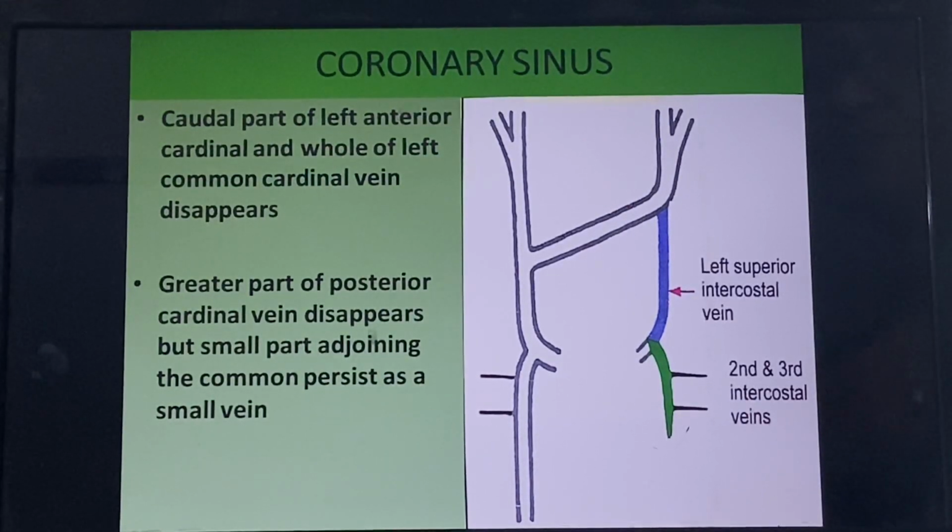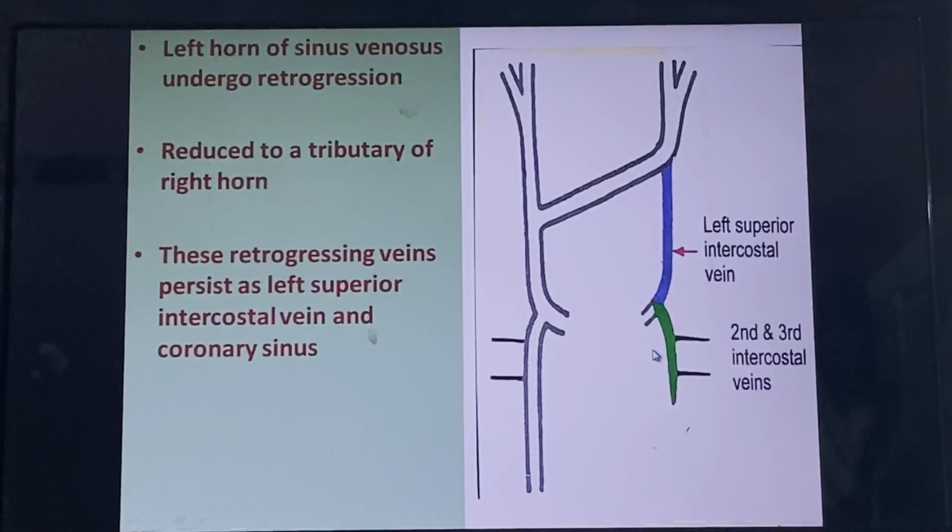The greater part of the posterior cardinal vein disappears. You can see here, this is the posterior cardinal vein. They disappear, but the small part adjoining the common cardinal vein persists. So this portion persists as a small vein. Now the left horn of the sinus venosus undergoes retrogression, that we know, and is reduced to a tributary of the right horn, which again we know from our previous lectures.